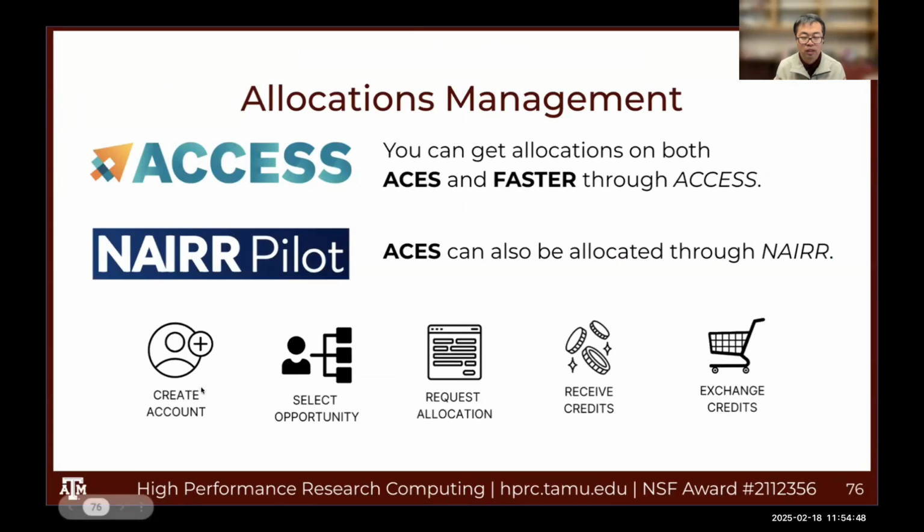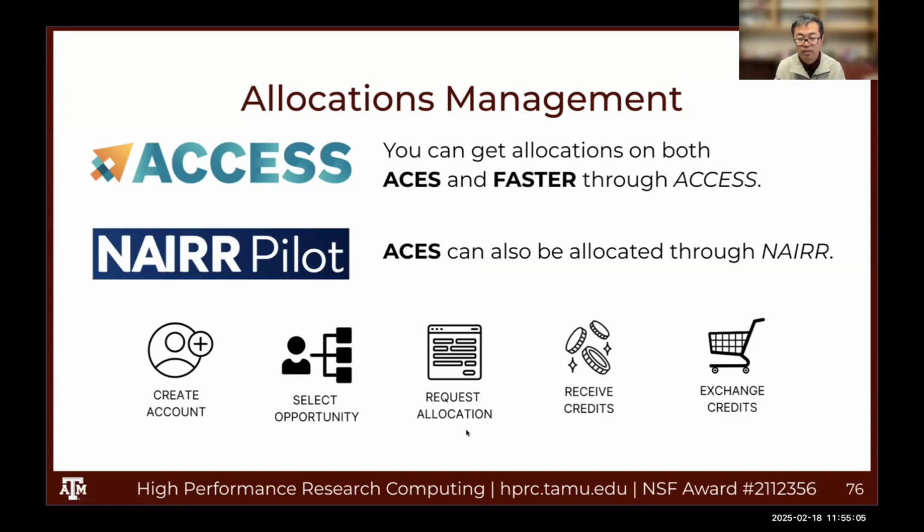For example, for either ACCESS or NAIRR Pilot, you can create an account and then select the opportunity. For different types of allocations, they have different numbers of credits.